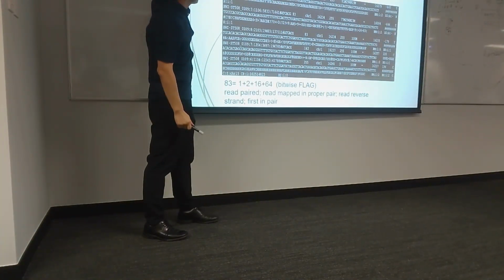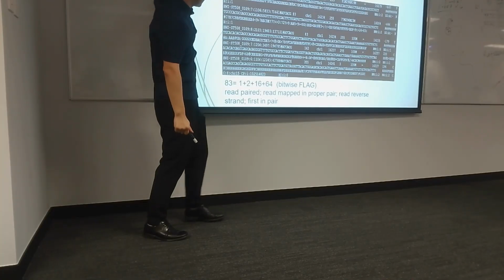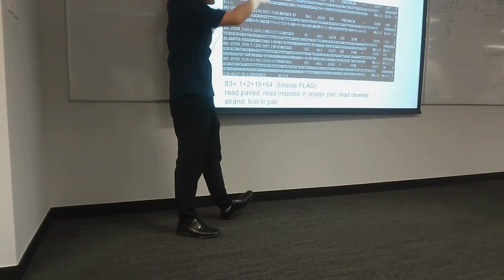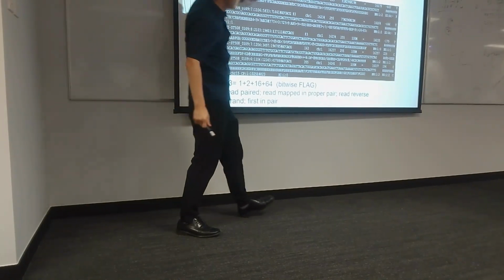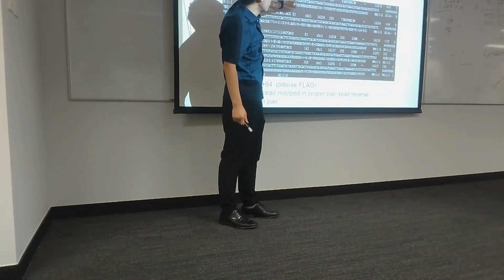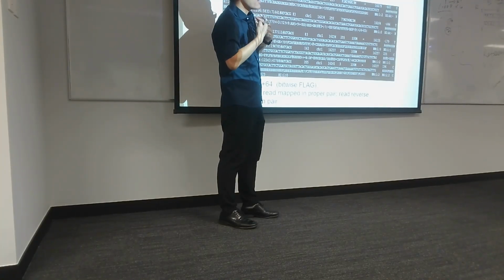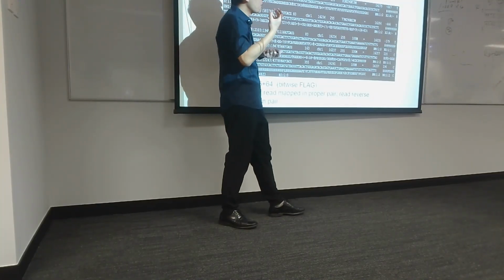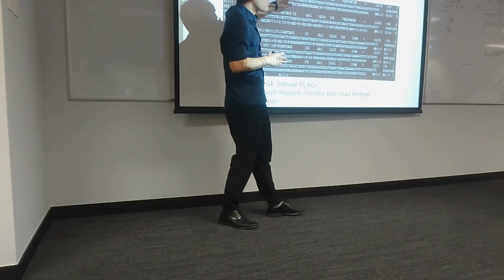In this example, the first column represents the read ID. Remember the read ID in the FASTQ file. The second column is a flag indicating the mapping status or mapping results of this particular read.